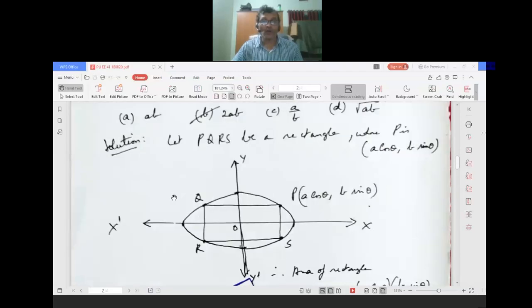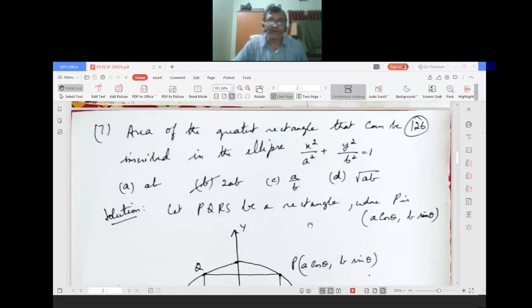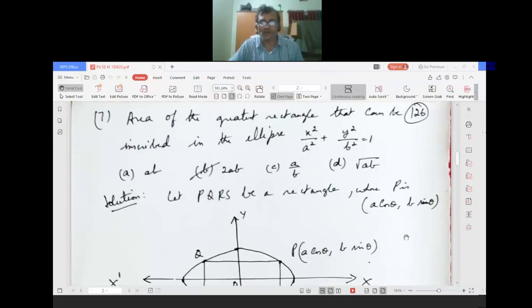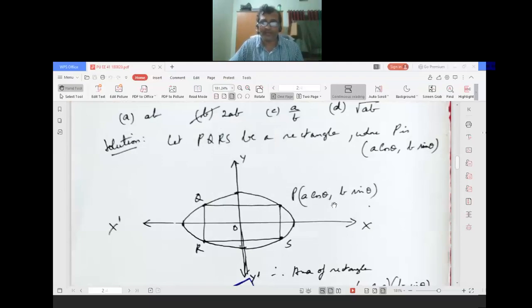Let PQRS be a rectangle where P is the point a cos theta comma b sin theta on the ellipse. You know that we can take it like that from trigonometry: horizontal will be a cos theta, vertical will be b sin theta.